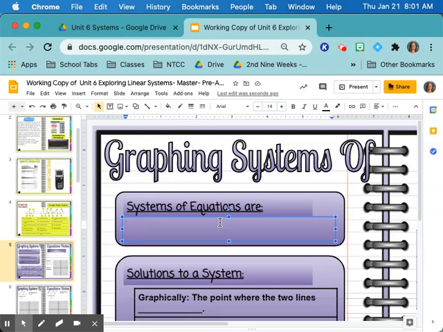Systems of equations: a set of two or more linear equations in the same variables.